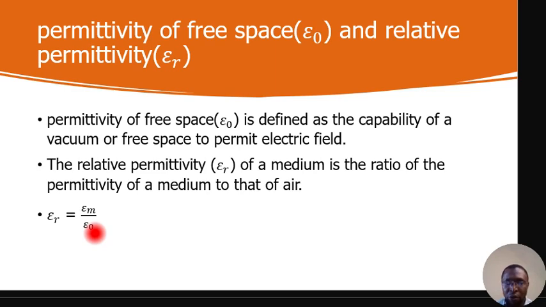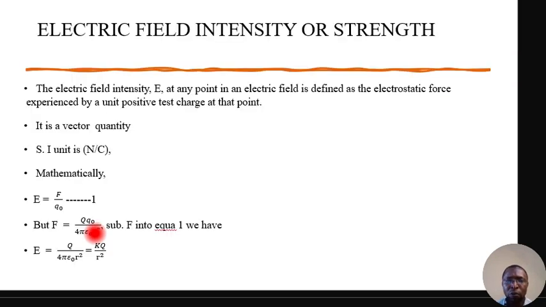All right. So having talked about that, let's move to what we call the electric field intensity or strength. Sometimes we call it electric field strength. Sometimes it's known as electric field intensity. And its symbol is capital E. What is it about? It is defined as the electrostatic force experienced by a unit positive test charge at that point.